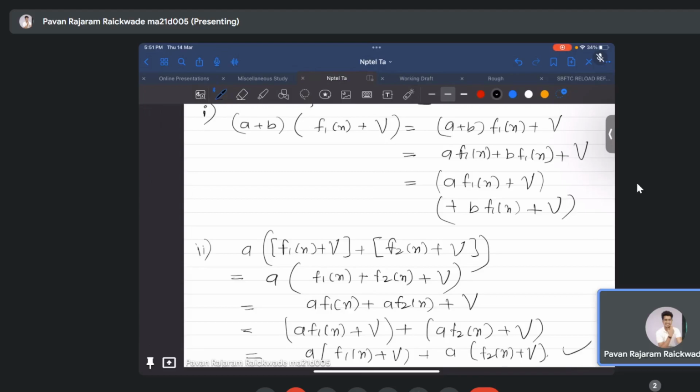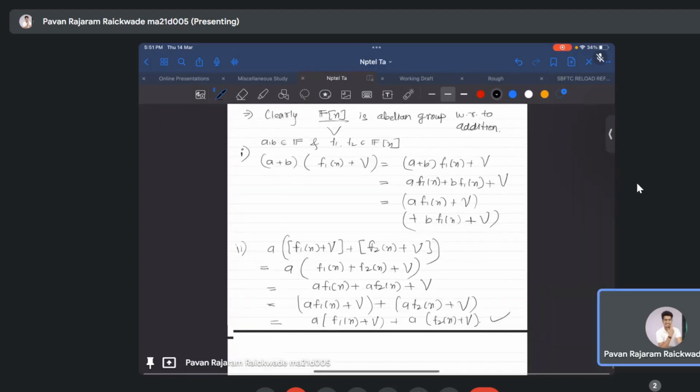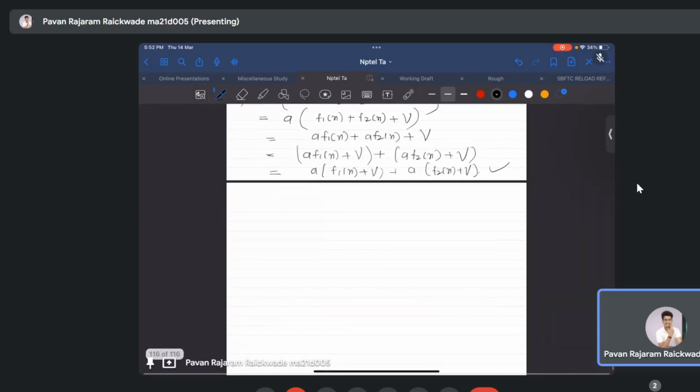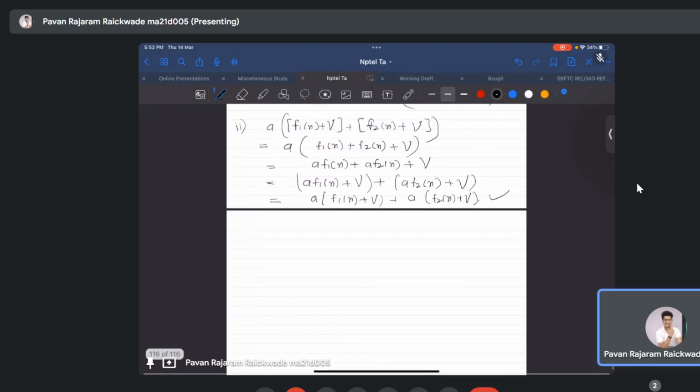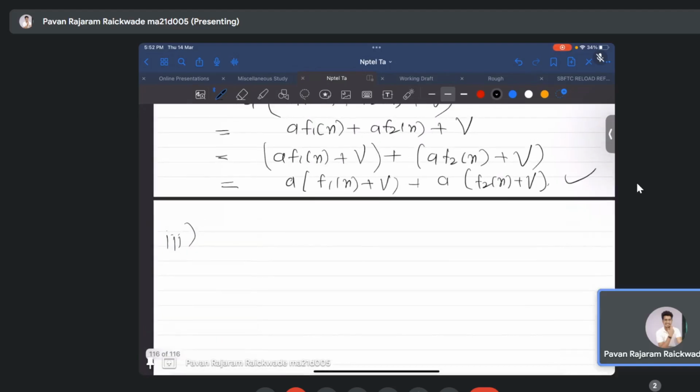So this is also valid; you can take the multiplier inside. The third property you have to verify is, let's say, (ab) times (f1(x) + V). What is this?